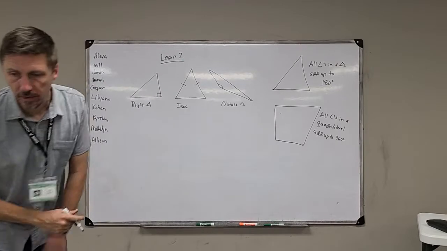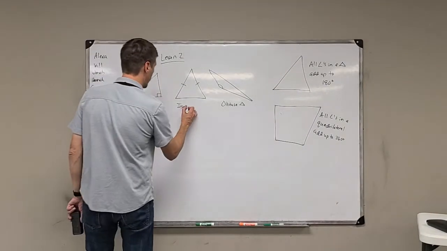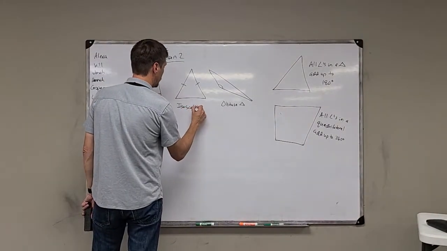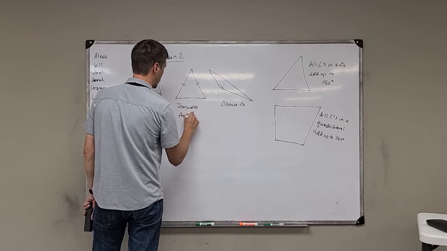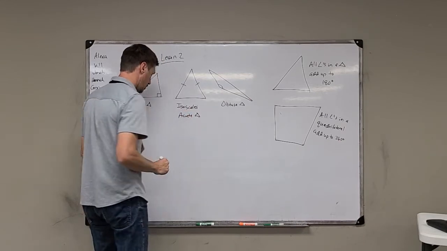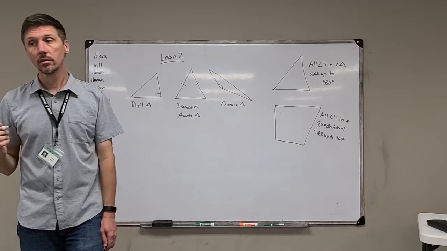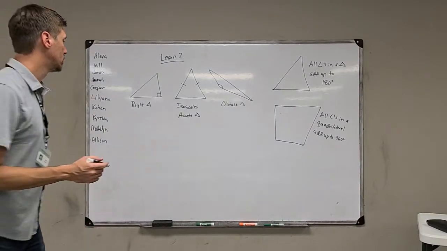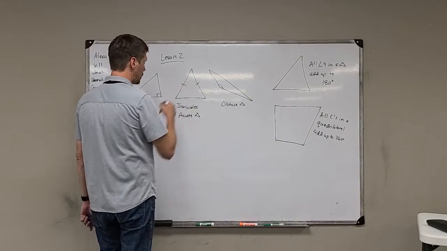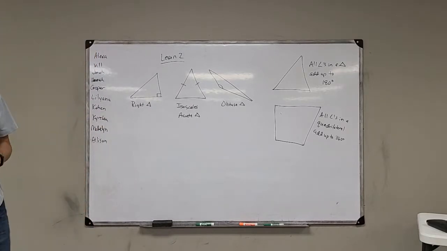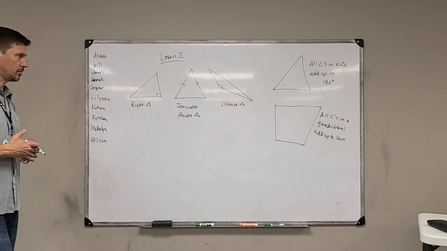I always forget how to spell that word. There's an S there. Because it's got two sides that are equal, the length of two sides are equal, and only two sides. And all of the angles are smaller than 90 degrees, so it would be acute.